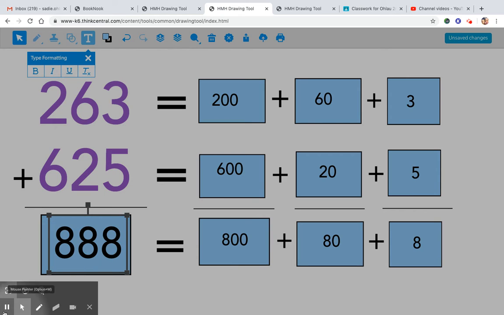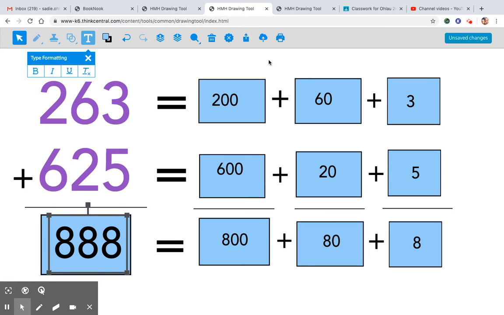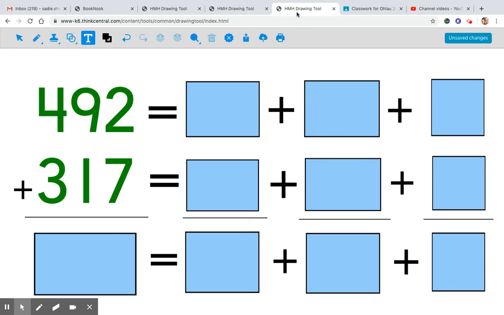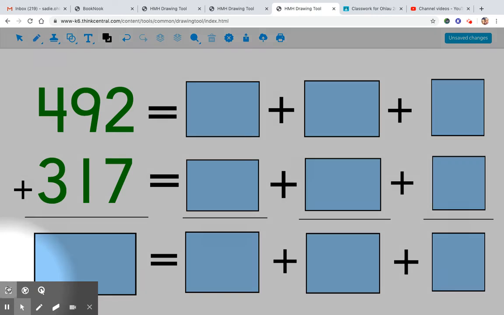Okay, let's move on to one more problem before you get started today. This last problem is 492 plus 317. Now let's break up 492 into expanded notation. I have 4 hundreds.